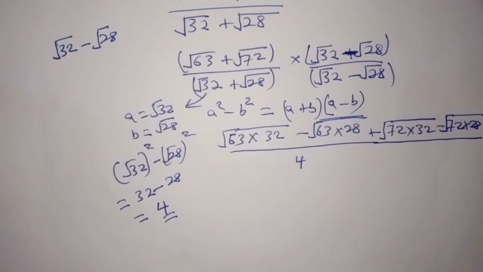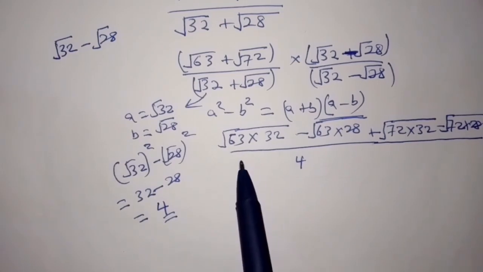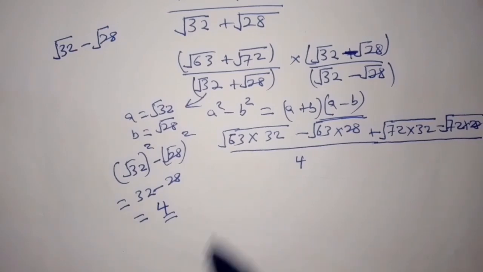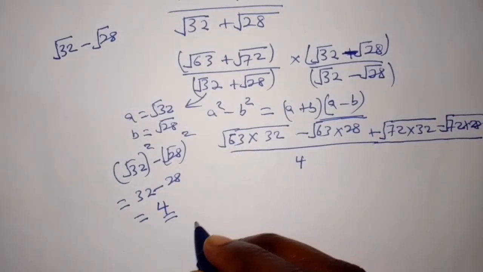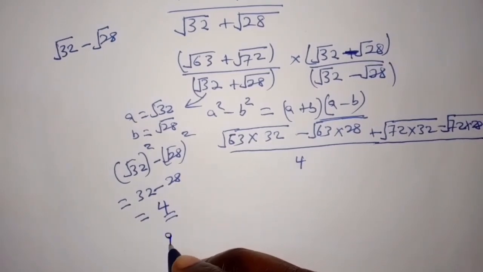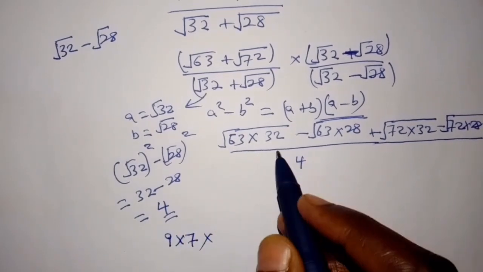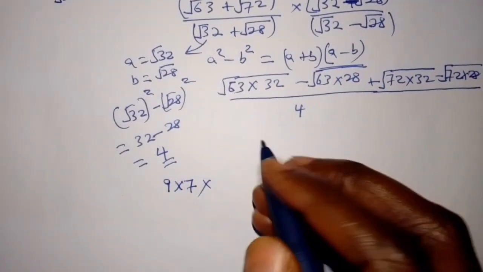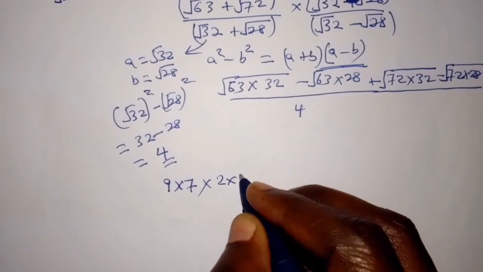Then from here we can get the factors. The factors of 63: 63 is 9 times 7. 32 is 2 times 16.